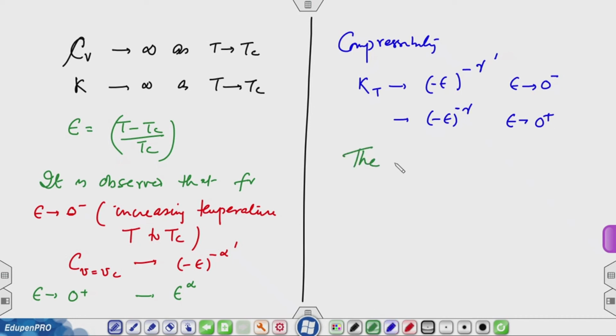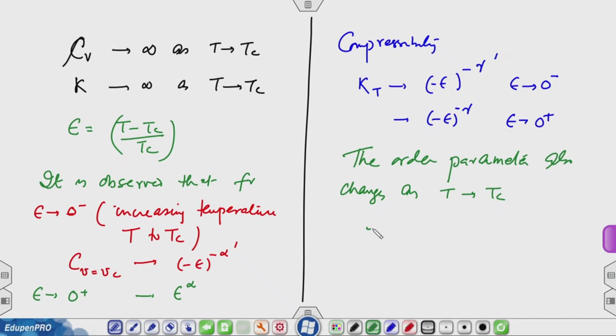The order parameter also changes as T approaches Tc.